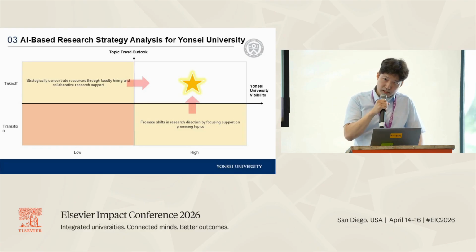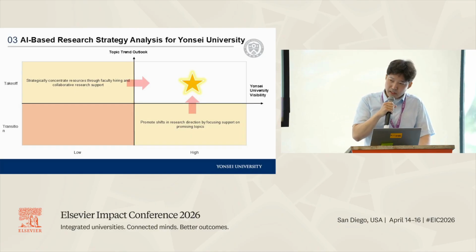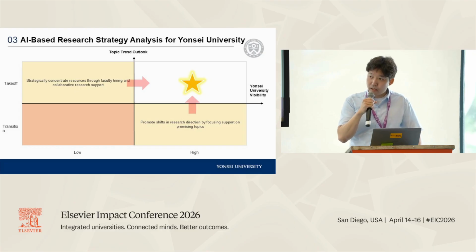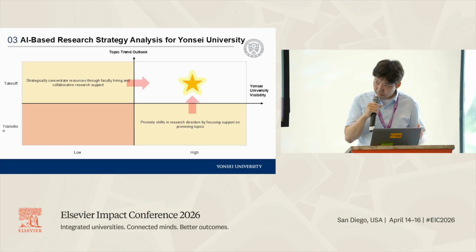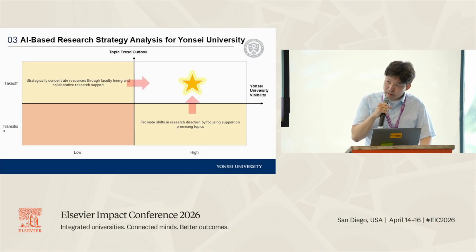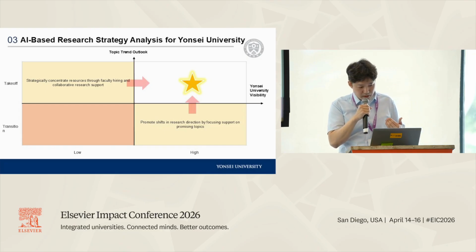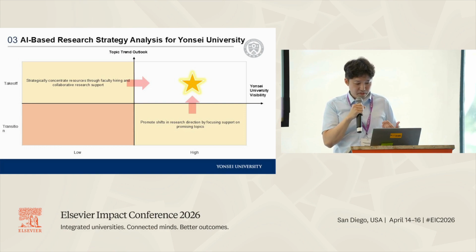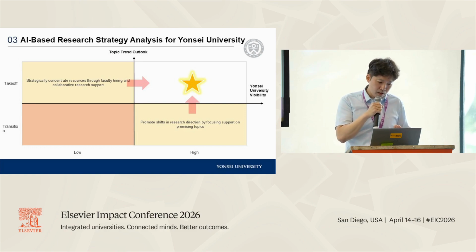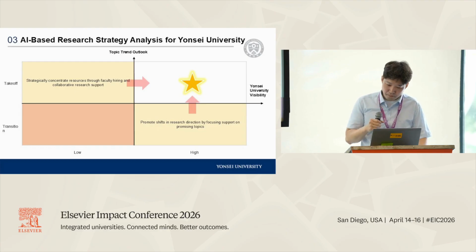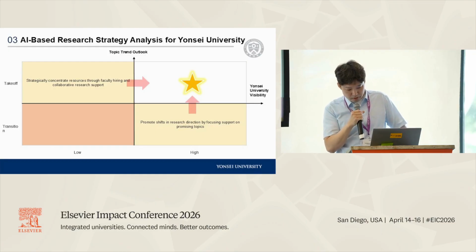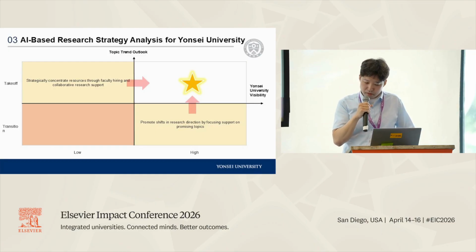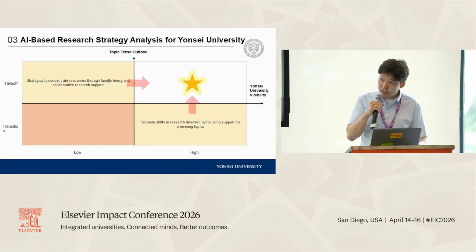In the second quadrant, the topic is highly promising, yet Yonsei has zero visibility, as the current presence is minimal. So this is a critical strategic investment zone. We must strategically concentrate resources through faculty hiring and collaborative research support. And in the first quadrant, Yonsei is showing a top performance in topics that are unfortunately in transition.